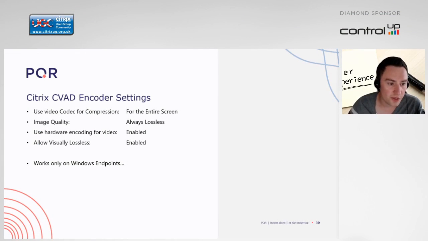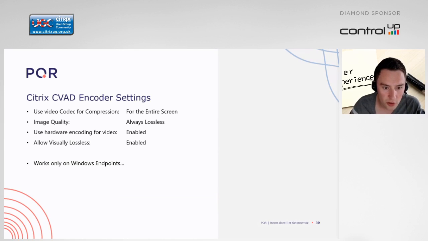So for this situation, I use the video codec for the entire screen, which uses H.264. I set the image quality to always lossless, enabled the hardware encoding, and enabled also the option visually lossless, which will enable YUV444, and that can also be offloaded with hardware encoding to the NVENC engine in the GPU.